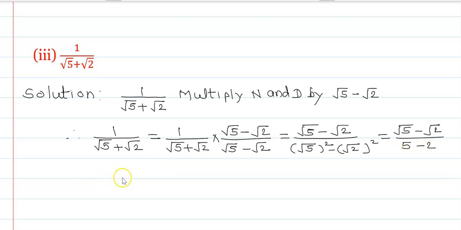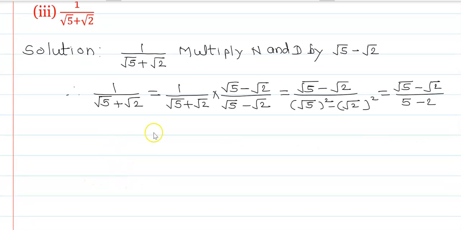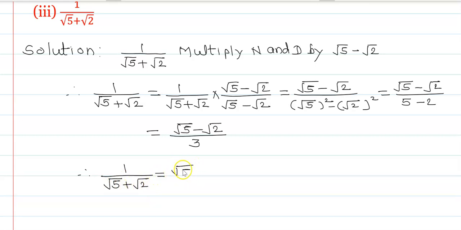Okay, and therefore that equals root 5 minus root 2 upon 3, and therefore 1 upon root 5 plus root 2 equals root of 5 minus root 2 upon 3.